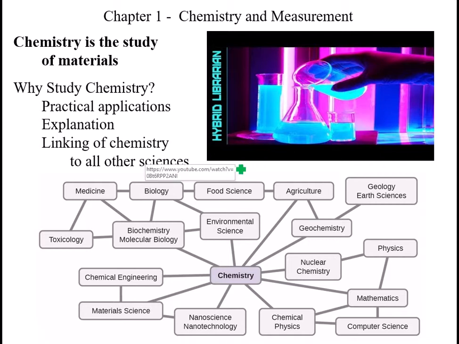So why is it that vet tech, biology, plant science, EET are all majors that have to take this Principles of Chemistry class? I'm going to start out down here at the bottom of the page that shows you kind of a map of the sciences. And chemistry is often called the central science.